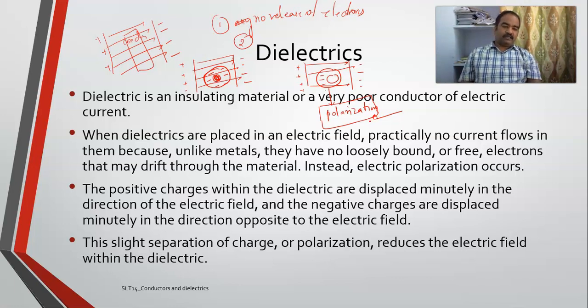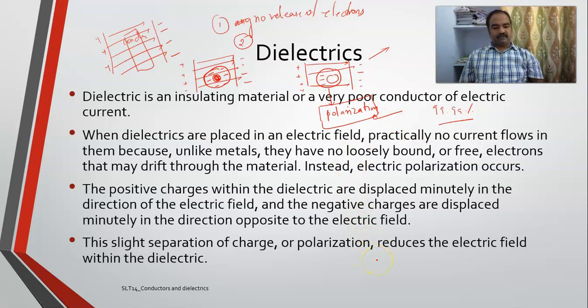The extent of polarization varies with materials. Since there is an impact of the electric field on insulating materials, these are called dielectric materials. If there is no impact of the electric field, then it may not be a dielectric material. But 99.99% of the time, I believe, all insulating materials have this impact of the electric field, and so they are termed dielectric materials.